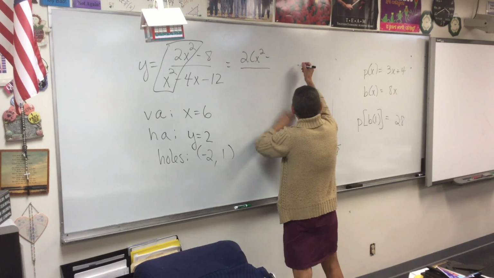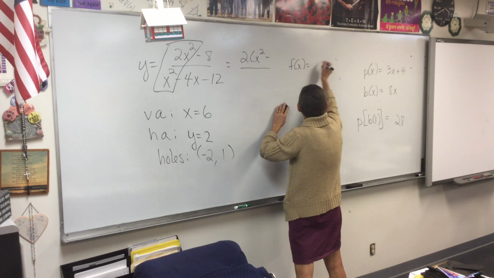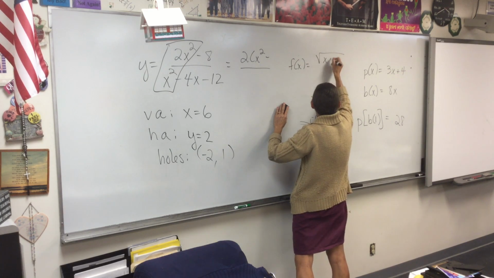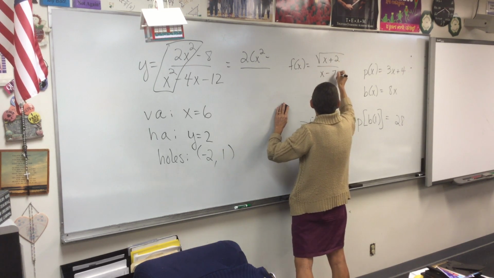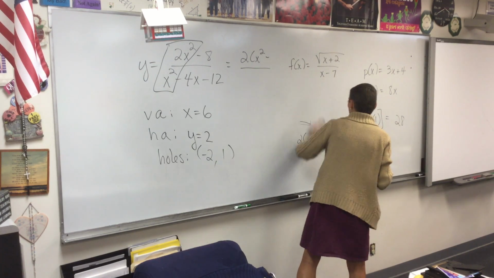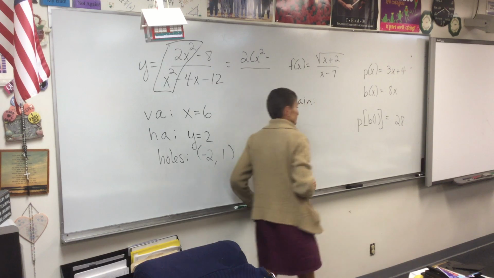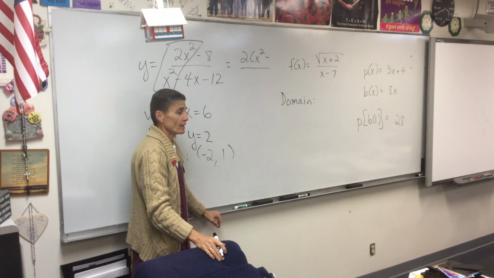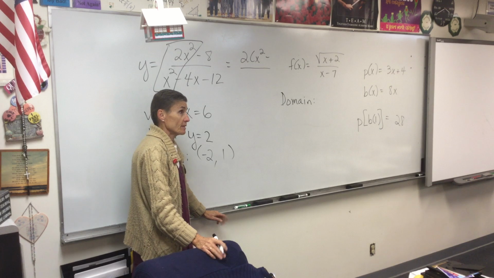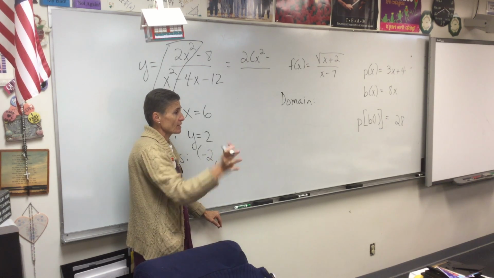All right, let's try this one. Find the domain. What is the domain? X can't equal 7. Come on, write it down. Or think it in your head. In a minute I'm going to ask for the answer, not just yet.